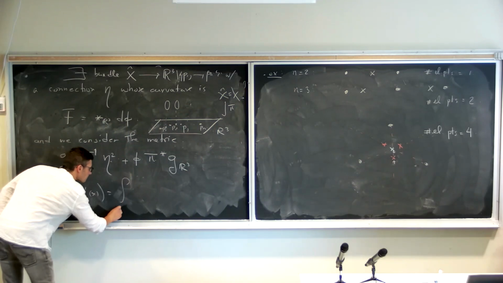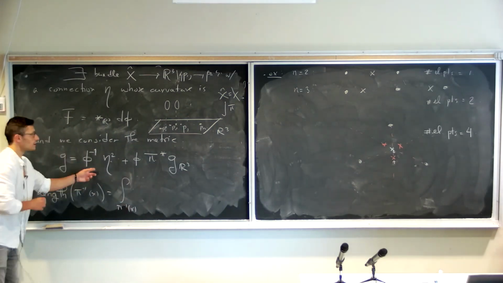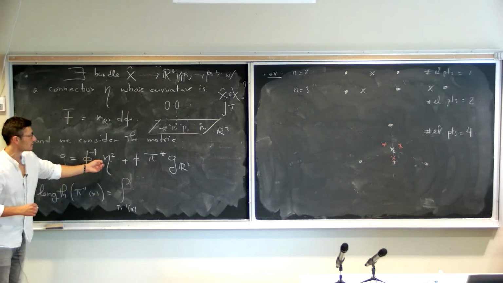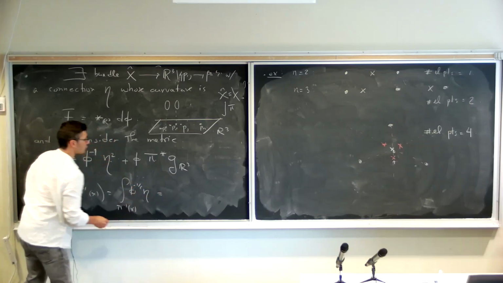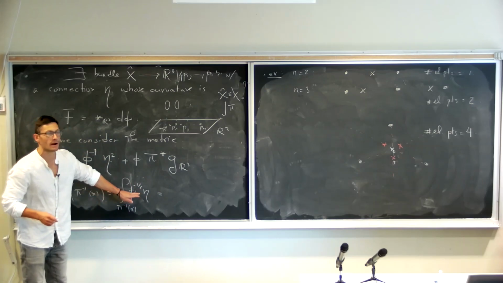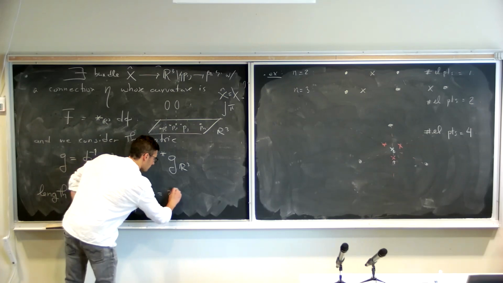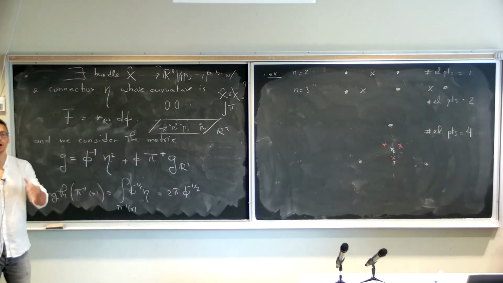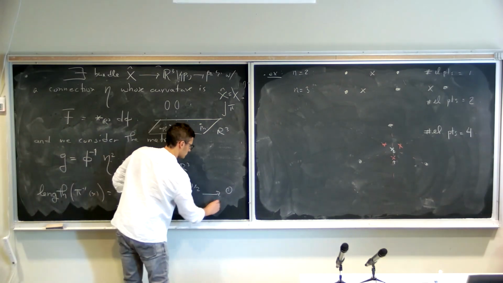That's the integral over pi minus 1 of x of the unit 1-form in the direction of the fiber, which is phi to the minus 1 half times zeta. And because zeta is a connection 1-form, when you integrate it, you get 2 pi. That's the length of the circle. You get 2 pi phi to the minus 1 half. And remember, phi explodes at these points. It has singularities there. So phi to the minus 1 half goes to 0 at these points.